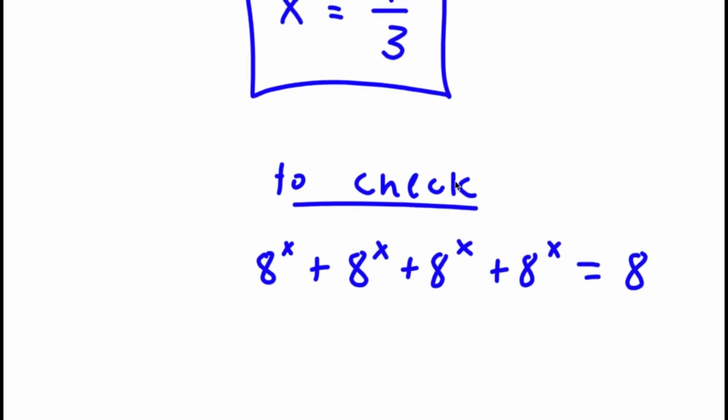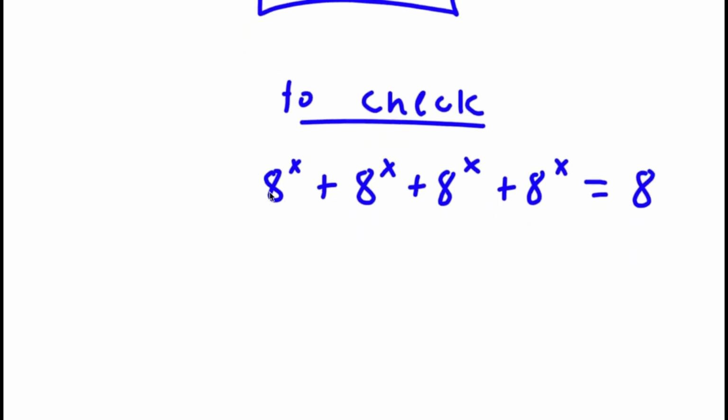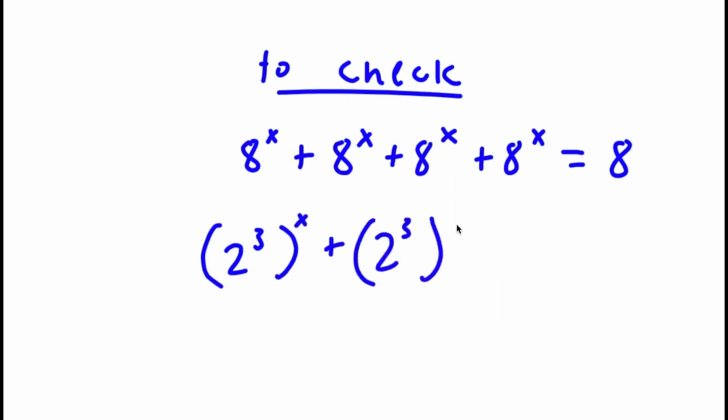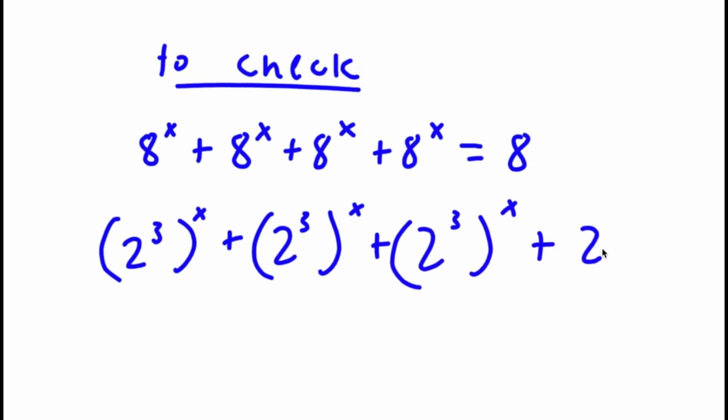So I know the value of x is 1/3, but before that, I'm actually going to change 8 to 2 to the power of 3. So now I have 2 to the power of 3 to the power of x, four times, added together, is equal to 8.